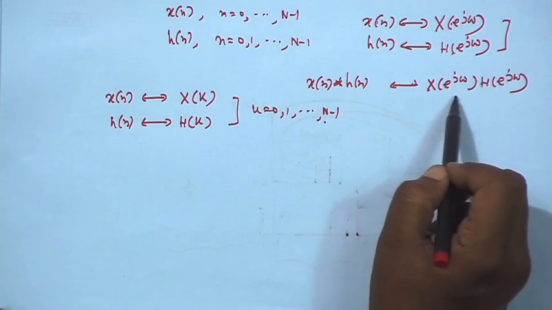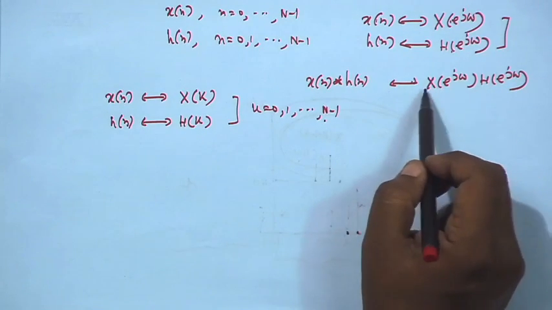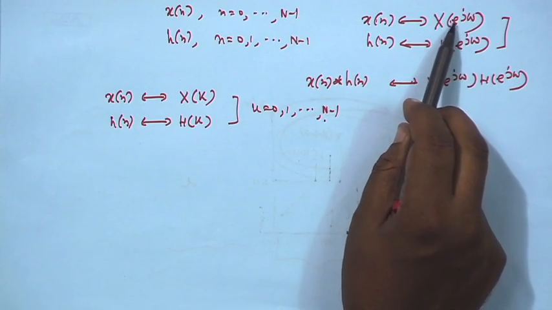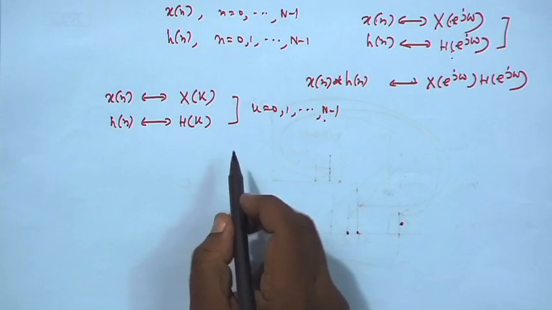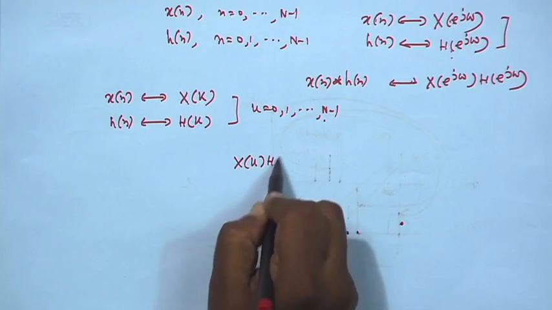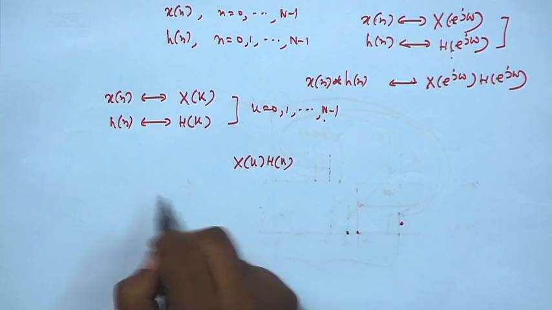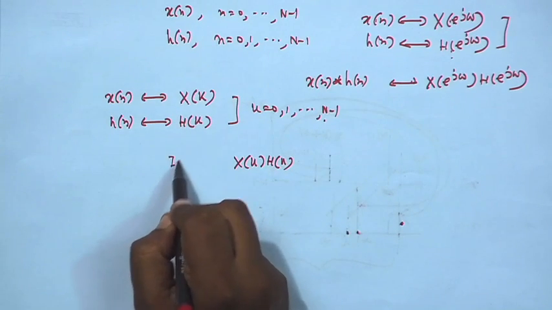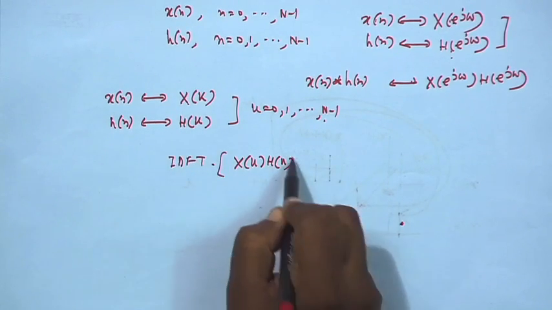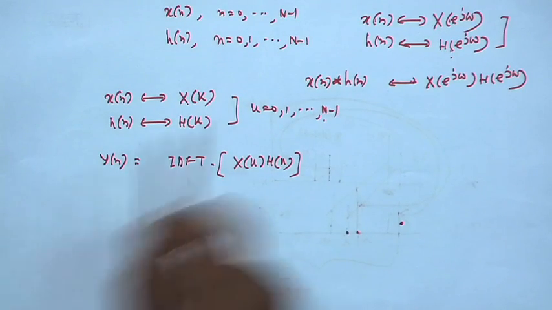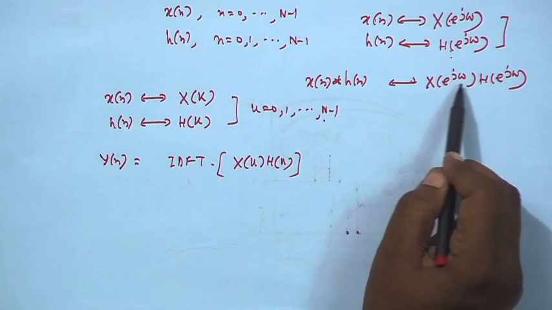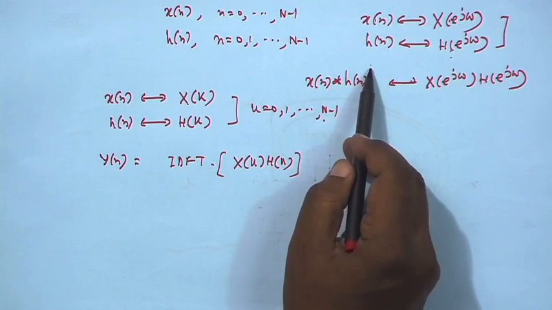So, here also I multiplied the two DTFTs. Here instead of the DTFT as such, I am taking kth sample of this as Xk, kth sample of this as Hk, multiplying them Xk, Hk. And then I take the inverse of this to get yn. That time when you took inverse DTFT of this, I got convolution between the two.